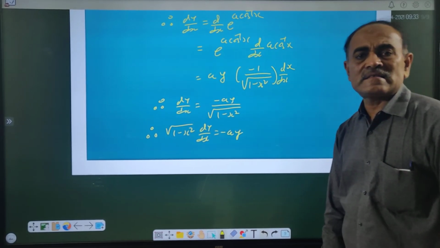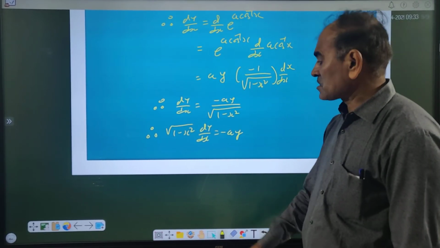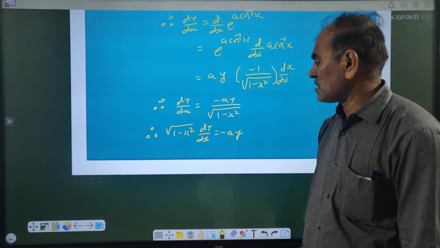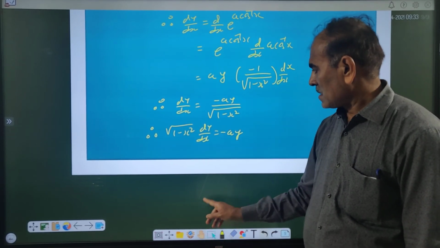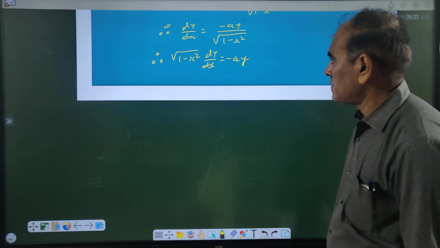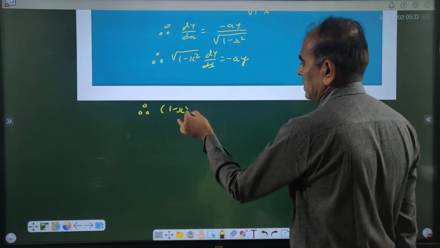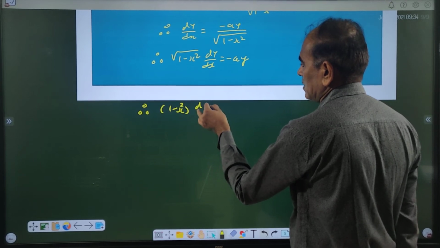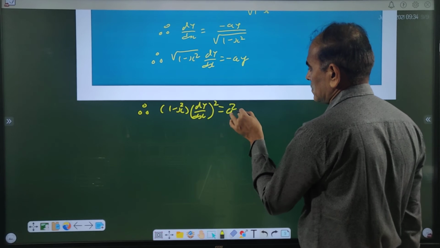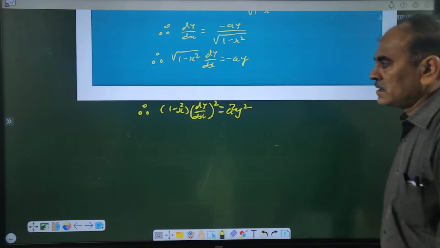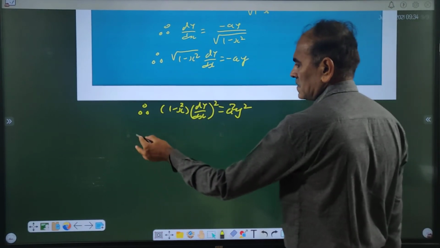Now, whenever the right hand side consists of only a single term or single function, then if we square it and then differentiate, it is very easy for us. So let us take the square on both sides. So what do we get? 1 minus x square into (dy by dx) whole square is equal to a square y square. Yes. Now we can differentiate it.